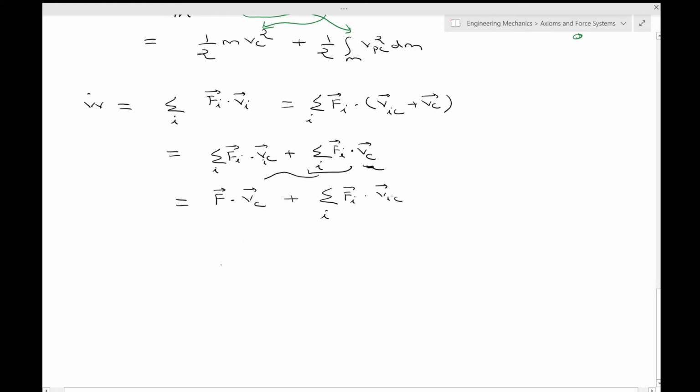So if you now have the frame F and this is, say, the point 1. It has this force F1. It has point 2. It has force F2.